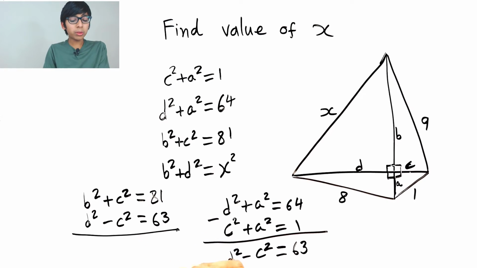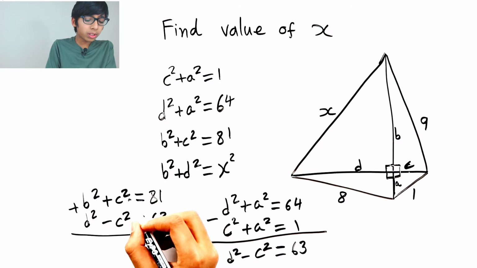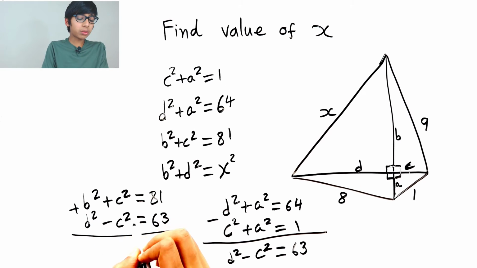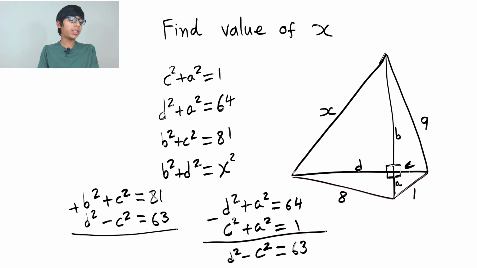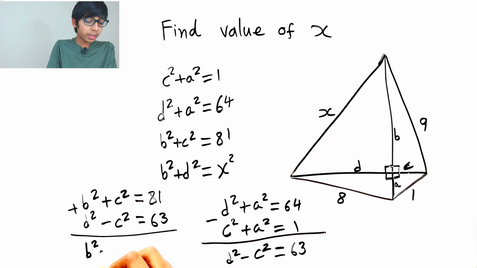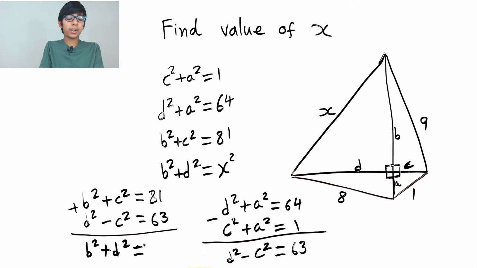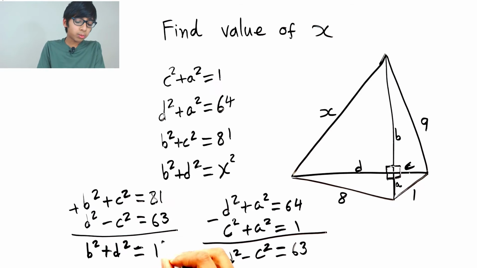What should we do to cancel the c squares? We can add. Plus c squared and minus c squared equals 0. So we write b squared plus d squared, which equals 81 plus 63, which is 144.